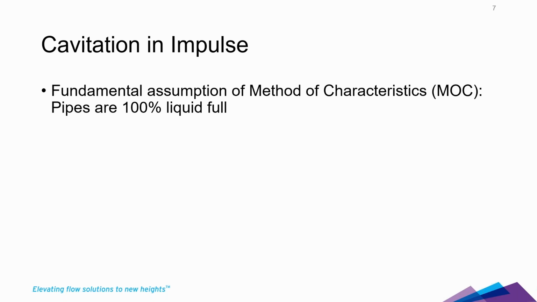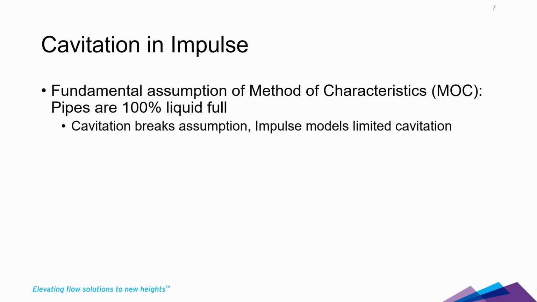Well, the method of characteristics assumes a constant wave speed. So as that wave speed changes in reality, cavitating behavior becomes very, very difficult to predict.